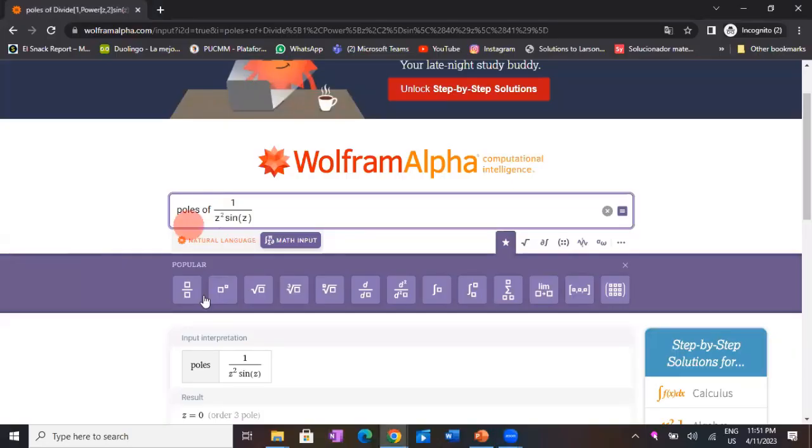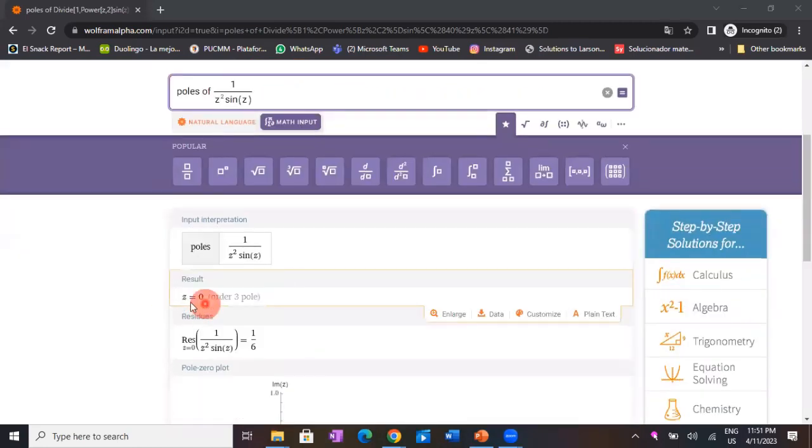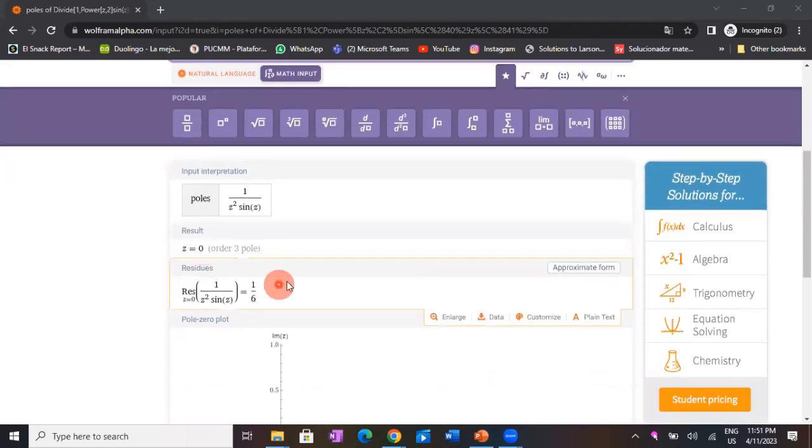Now we're gonna see, okay, now with the software Wolfram Alpha, we're gonna check the poles of this specific function, and when we enter it, we're gonna get that the pole is z equals 0 and the residue is equal to 1/6.